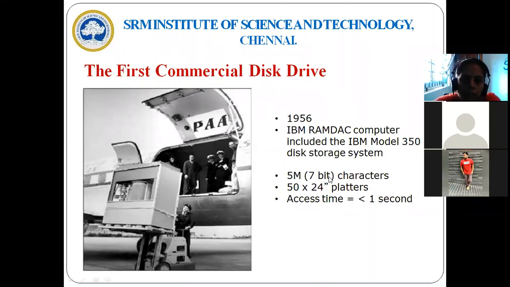Nowadays it is normally 8 bits. 50 by 24 inch, that is the size of the platter, and the access time is equivalent to 1 second or less than 1 second. Now, when compared with current days' disks, it is very slow.